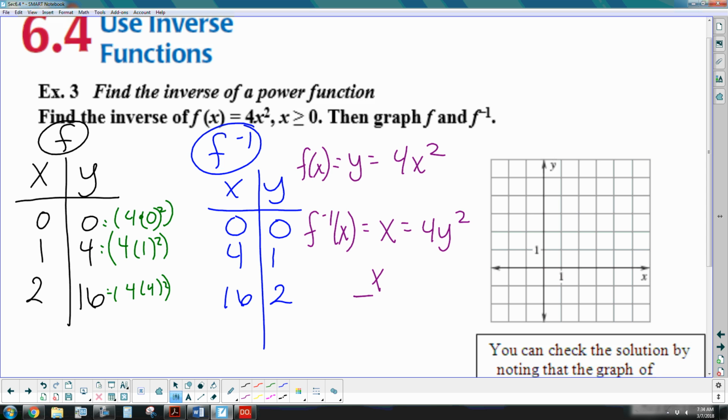So we're going to divide both sides by 4. We get x over 4 equals y squared. And then we take the square root of both sides. So we have the square root of x over 4 equals y, and that is our inverse function.